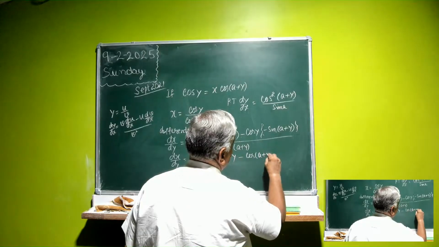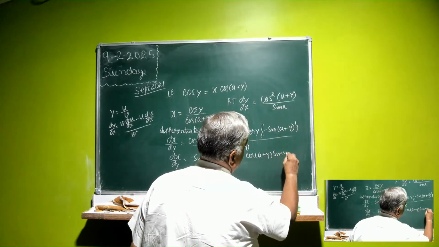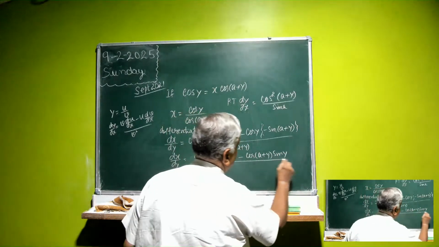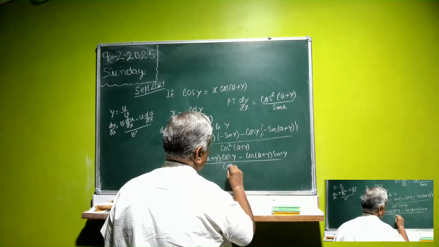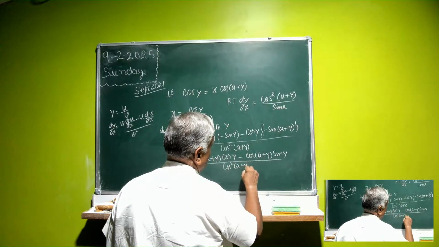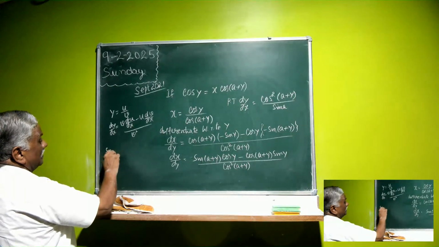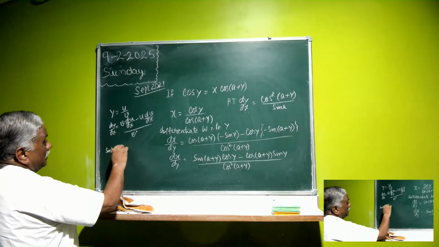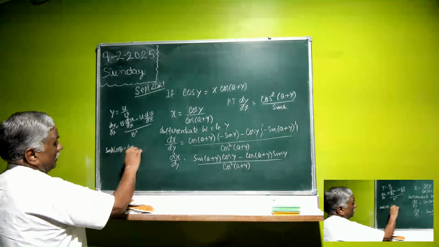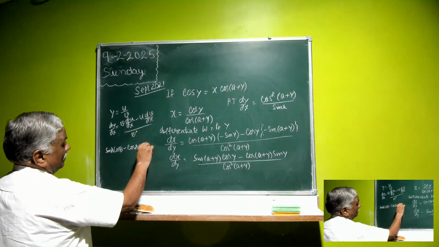Cos of a plus y into sin y divided by cos square a plus y. So the numerator is something like sin a cos b minus cos a sin b.